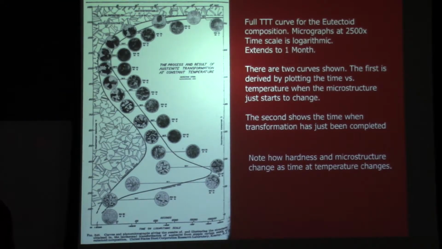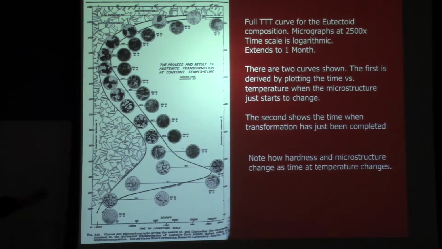Now, let's say we take that experiment and we repeat it over and over again for lots of different temperatures and different times. And we plot what we get. Well, we'll get a curve like this. This particular curve is for a eutectoid steel, so a 0.77 carbon steel.